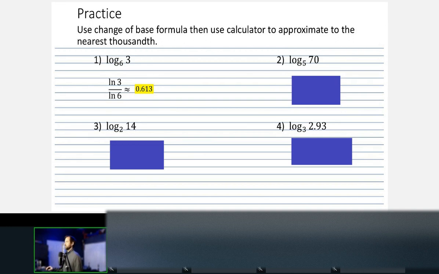All right, what did everyone get for number 2? So we got 2.640. Brady, type it in again. So rounding.